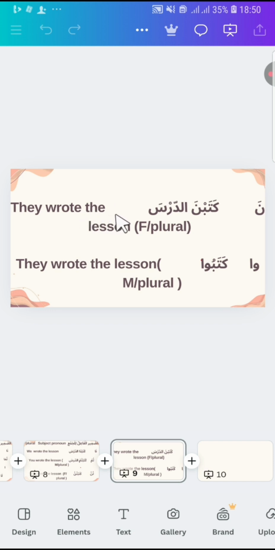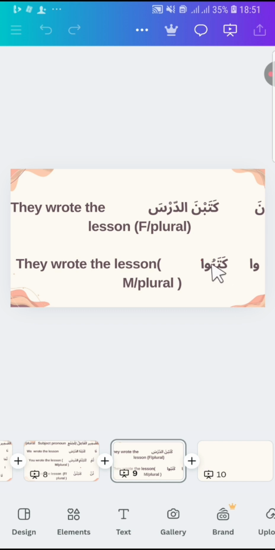Katabu darsa, they wrote the lesson. I can say Muhammad, Yusuf, Abdullah, katabu darsa, they wrote the lesson.